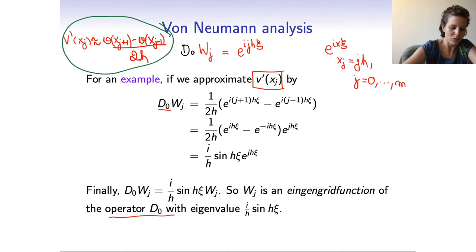And when we transform this function v evaluated at x_j plus 1, we would have in the Fourier space here, i is the square root of minus 1, the imaginary number, so e to the i (j plus 1) h psi.